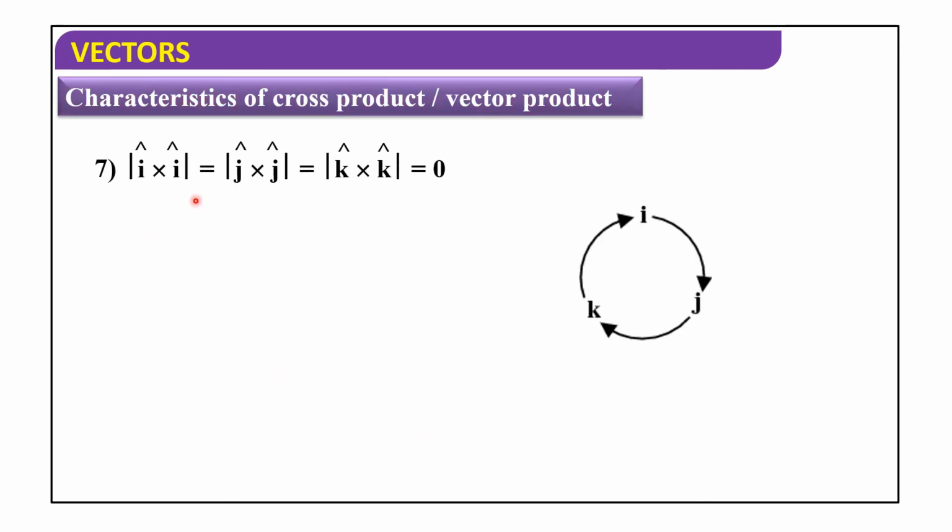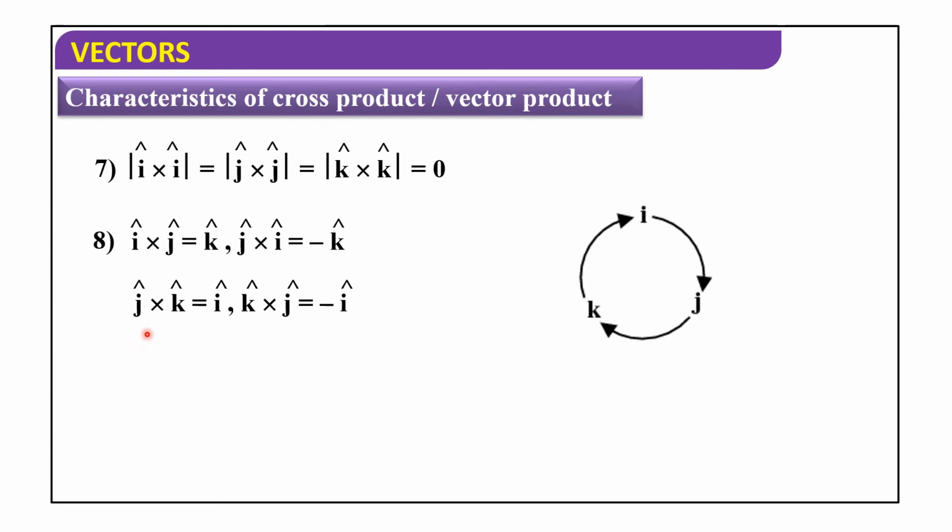Now the seventh one: the modulus of I cap cross I cap is equal to the modulus of J cap cross J cap, which is equal to the modulus of K cap cross K cap, which is equal to 0. I cap cross J cap is equal to K cap. J cap cross I cap is equal to minus K cap.